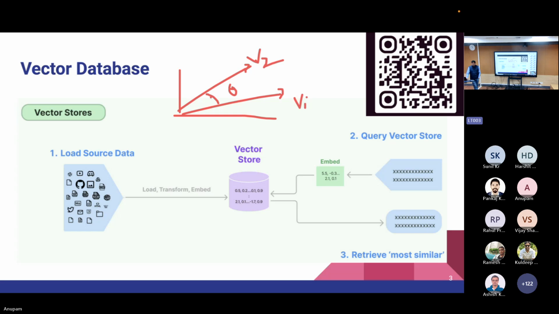Both are the same, right? And if they are parallel, then also they will be sort of the same. Theta will be 0, right? So what we do is we measure the cosine similarity. It will be a value between 0 and 1, right? 1 means similar or same, and anything closer to 1 also tells that it is similar.